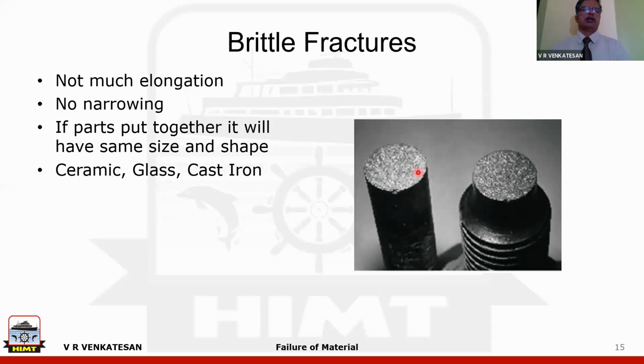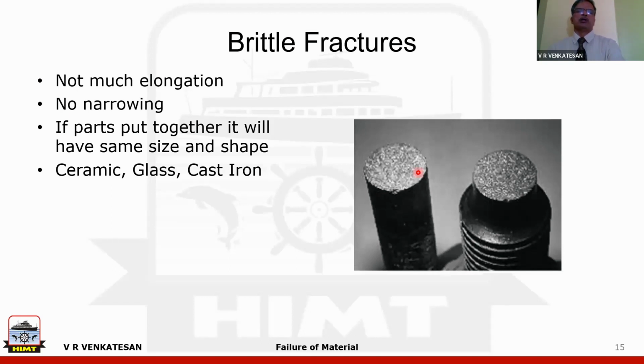Examples are ceramic, glass, cast iron. All these are examples of brittle fracture. So you know that if a ceramic cup is broken, and you can get all the parts and stick them together, it looks like the original because there is no plastic deformation. It retains the shape and the size.